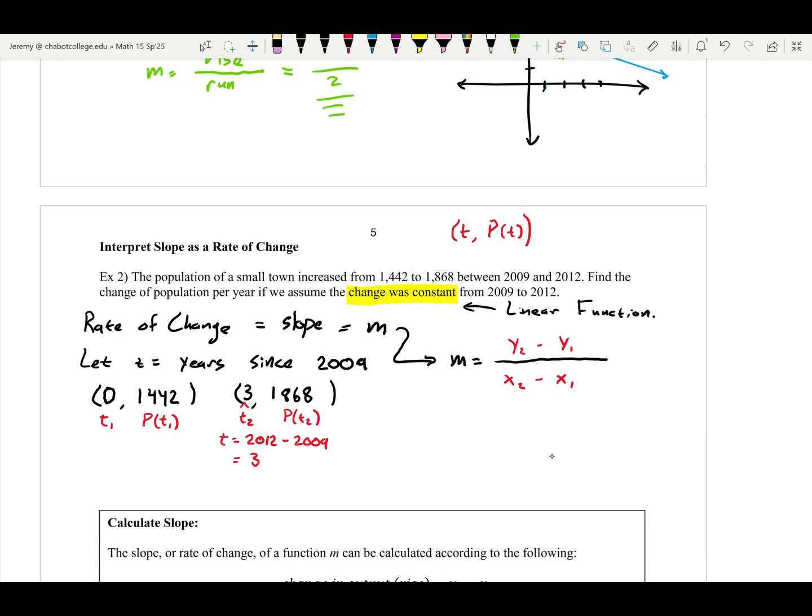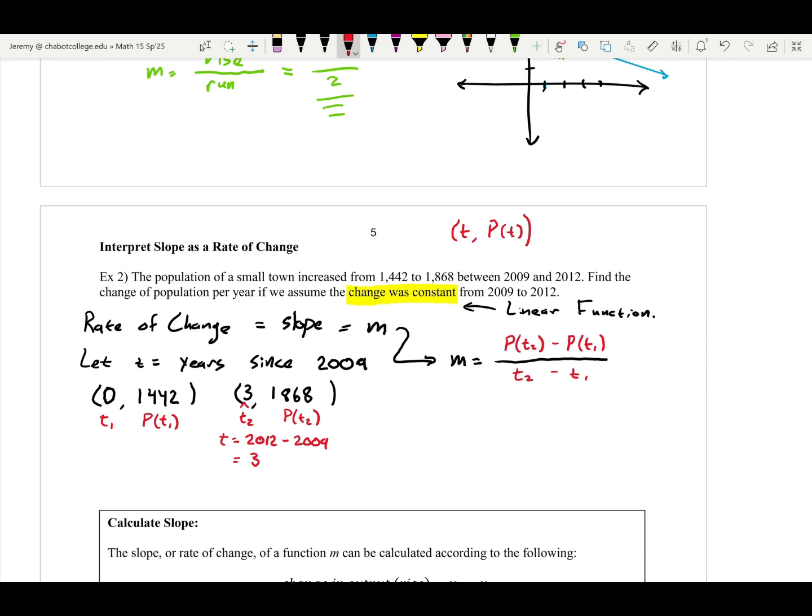But given the context of this problem, it will be the difference of the p's. So p of t2 minus p of t1. And then in the denominator, it's going to be t2 minus t1.